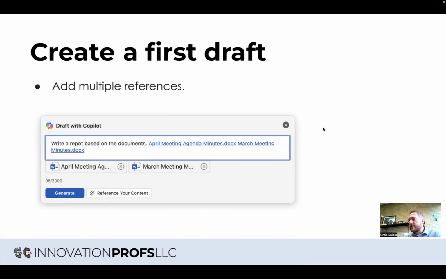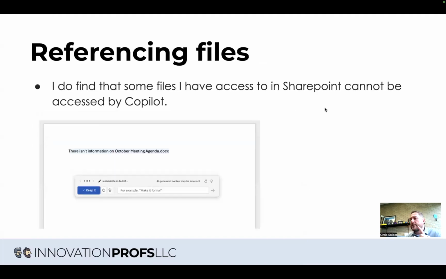Now, this is an interesting one, and it gets to a question that Todd asked us in a previous session we did, that relates to SharePoint. I asked it to write a report based on these two documents that are in SharePoint, and I have access to these documents in SharePoint, so I can find them. But when I asked it to write something on it, it couldn't find those documents.